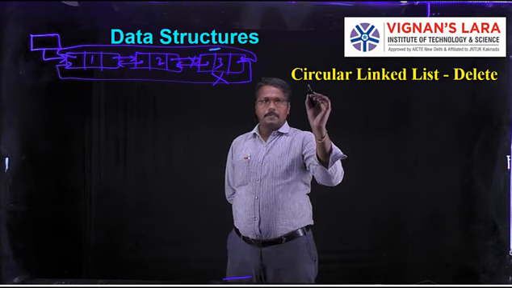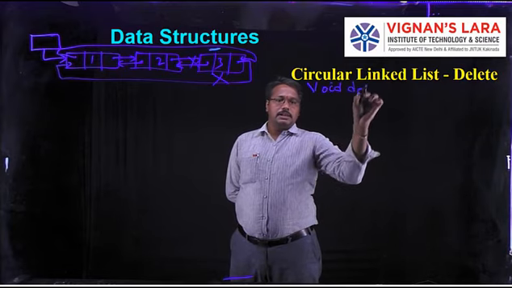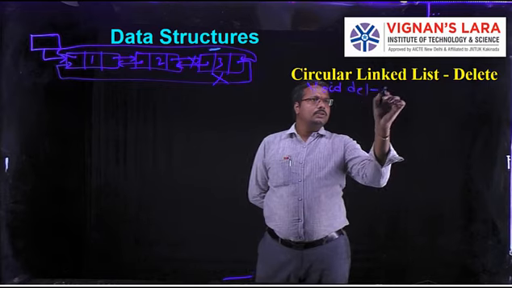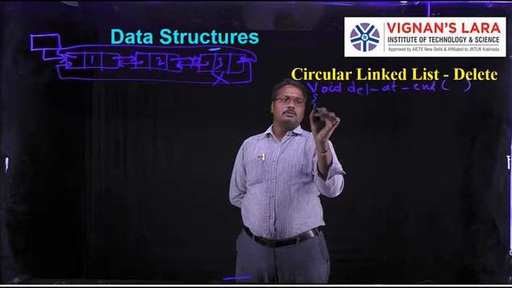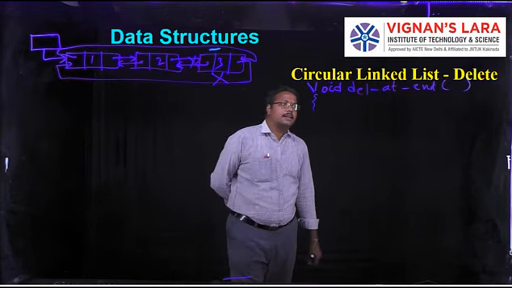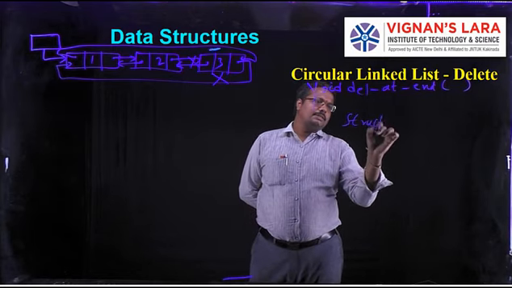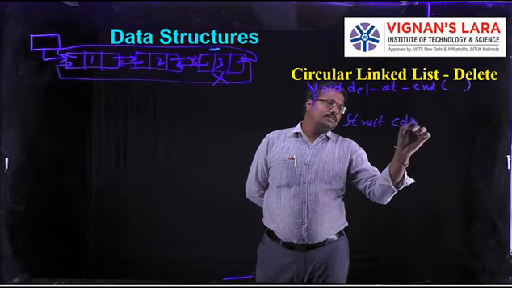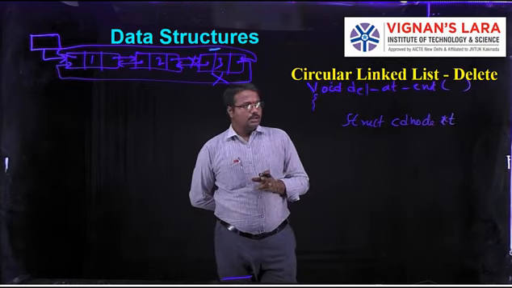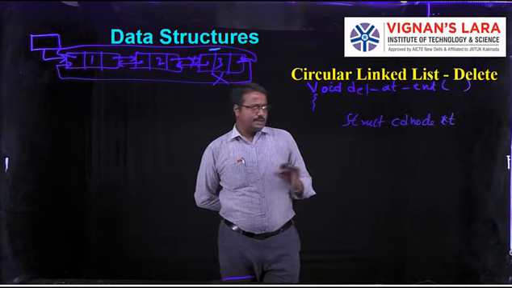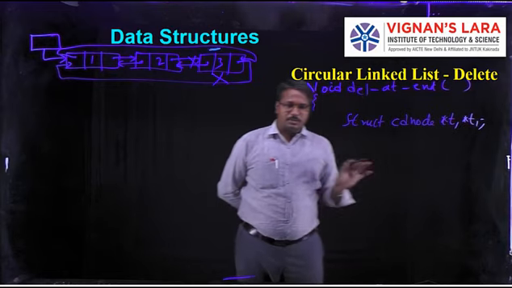First, void delete at end operation. No need to pass any arguments. So logic is common. struct circular double linked list CD node start, T. One is for saving the deleted node address, another one is for traveling purpose.